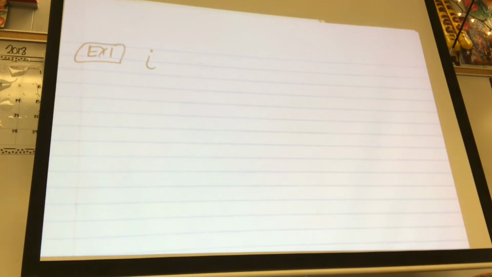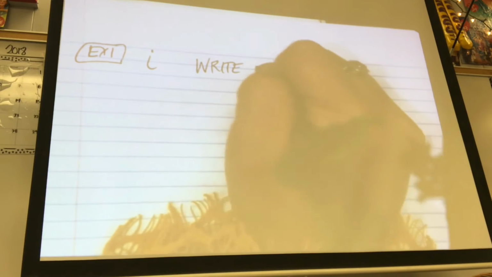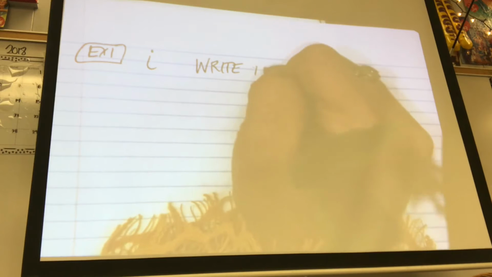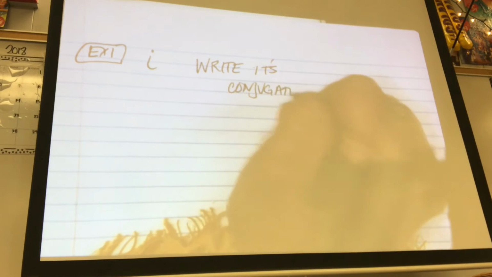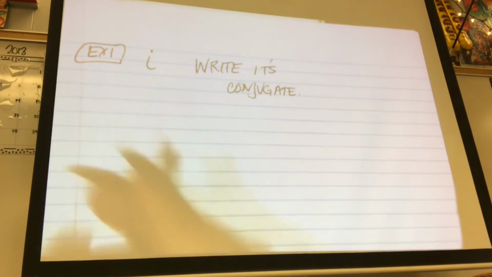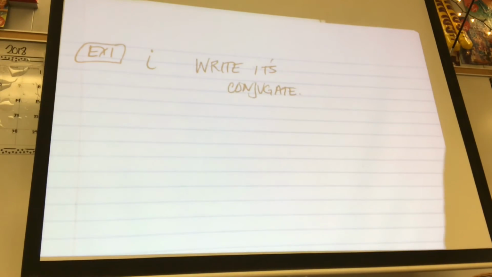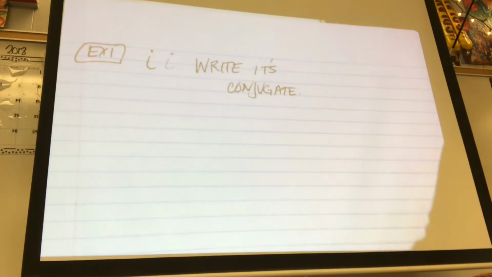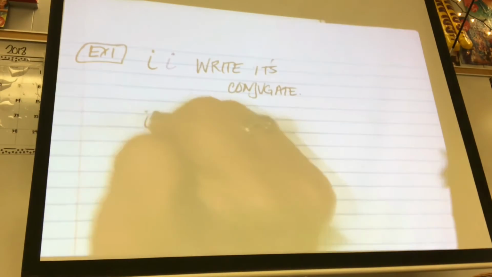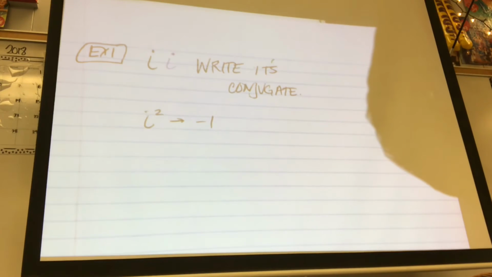So what we just did, you guys, is multiply by what we call the conjugate. We're going to write its conjugate because that's what's going to make it become real. So for I I would multiply it by another I, and then that becomes I squared, and it's real.